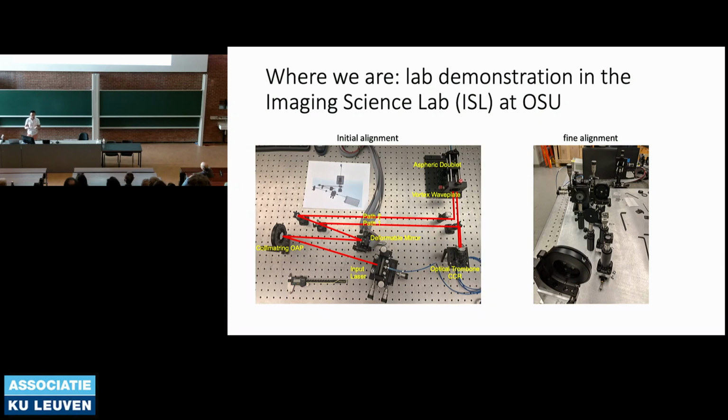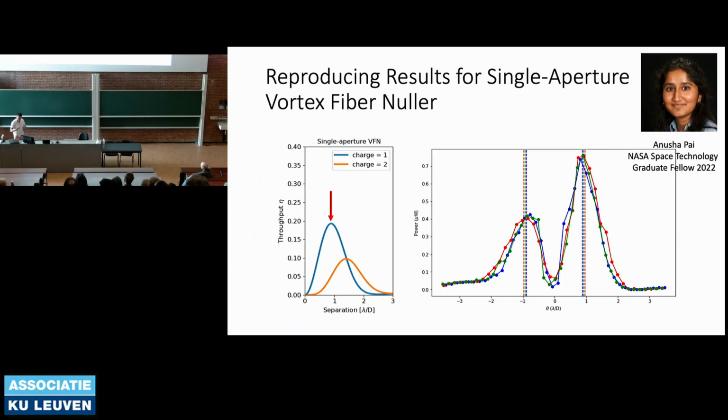We use this system to study the dual aperture concept and to see how it is affected by wavefront aberrations. We first started with a single aperture, trying to reproduce the Vortex Fiber Nuller. On the left-hand side, you see the theoretical throughput.